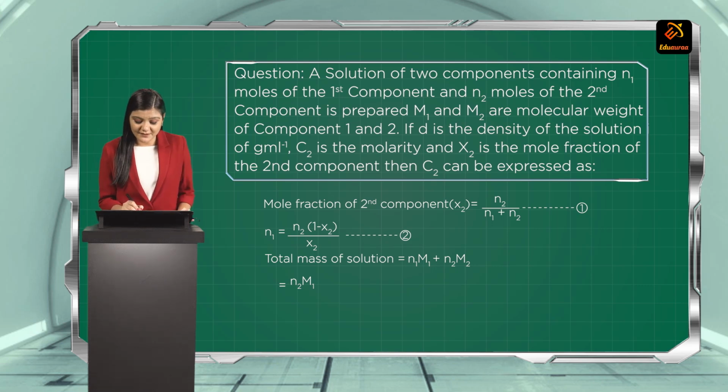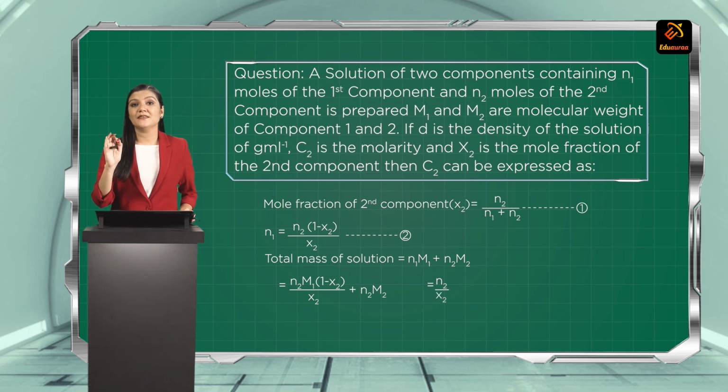So we have substituted the value of N1, plus N2 M2. If I rearrange the terms, then mass of the solution is equal to N2 upon x2 multiplied by (M2 x2 minus x2 M1 plus M1).